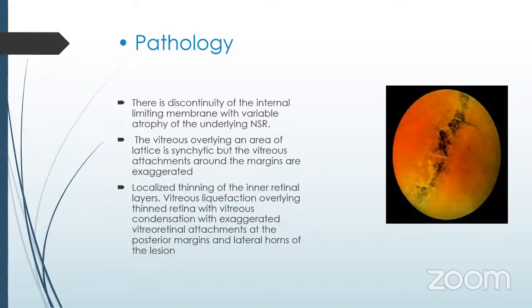If you try, there will be horseshoe tear formation, because the vitreous is directly connected with the retinal layer. You can only trim the vitreous over the lattice, but you cannot detach it. That's why lattice degenerations carry risk: whenever there is a PVD and the patient has lattice degeneration, horseshoe tears may develop.